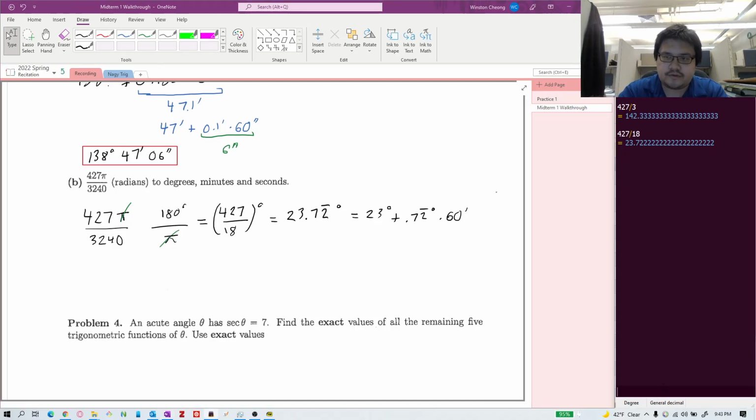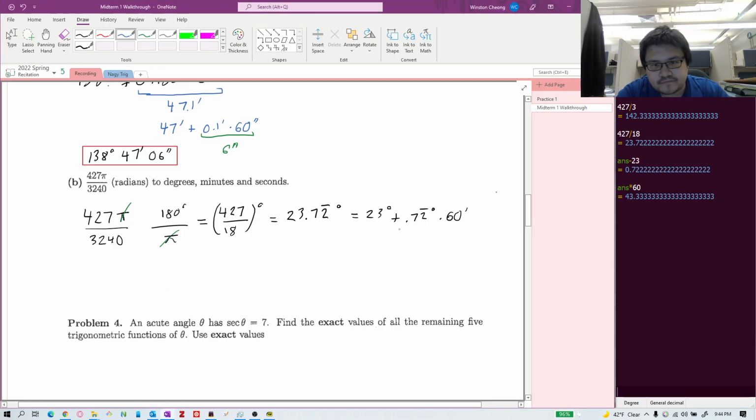On the calculator, one way to do this is to just subtract off the 23. So now we have the fractional part that we then multiply by 60. On this calculator, Ans is a variable name that uses the previous calculation. Okay, right.